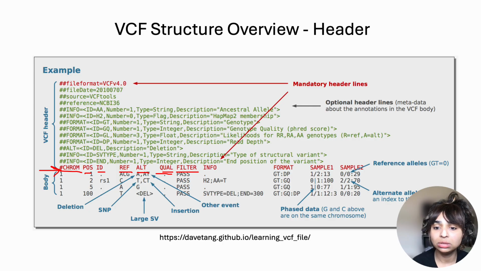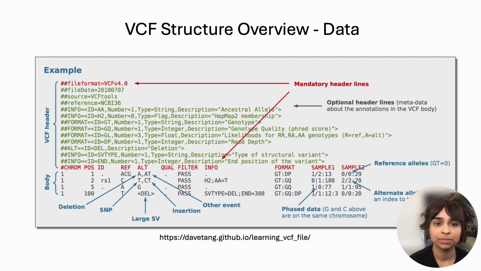Samples 1, 2, which means the genotype and the related data for each sample. So the header line is critical because without it you wouldn't know what each column in the data rows represents. Alright, let's take a deeper dive into the data section of the VCF file.